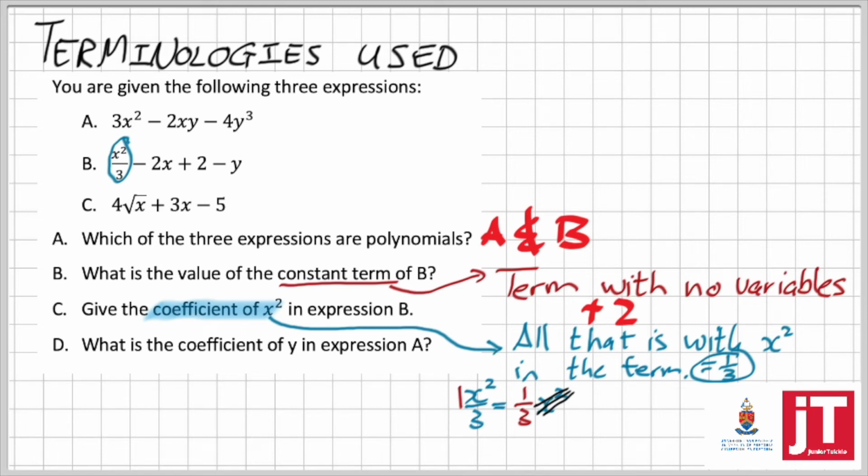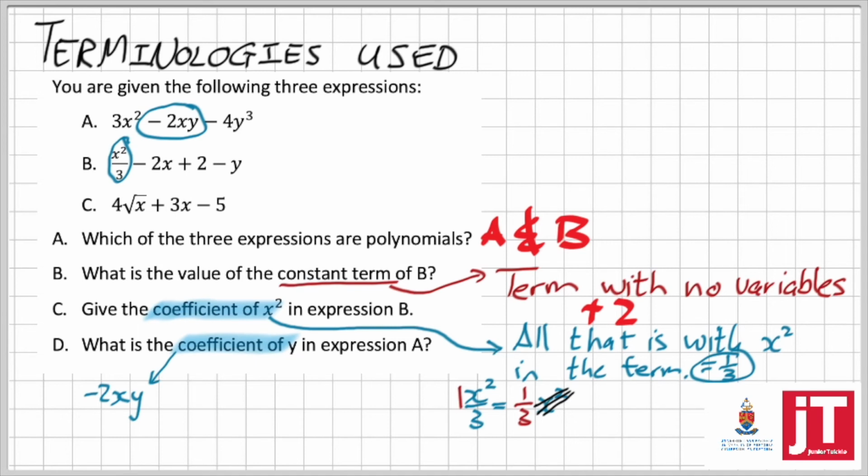What is the coefficient of y in the expression of A? So which term has only a y in it? Or not only, but has a y in it? Well, let's look. There is negative 2xy. Now some of you might go, but sir, there's one that has a y to the 3.